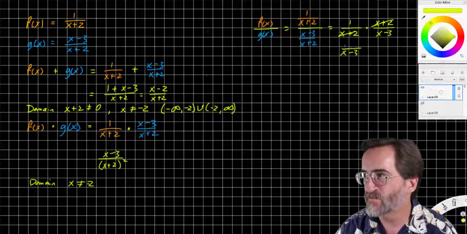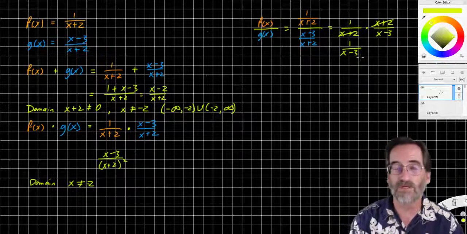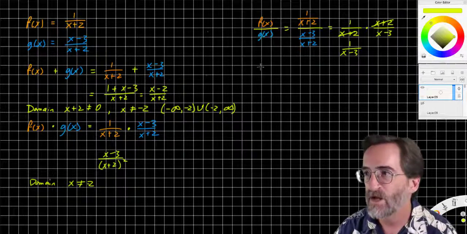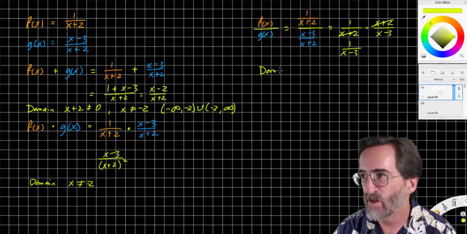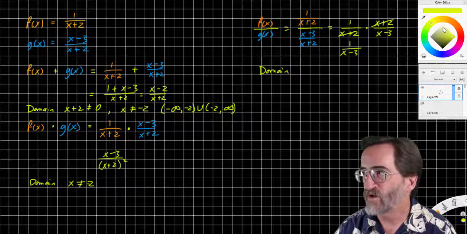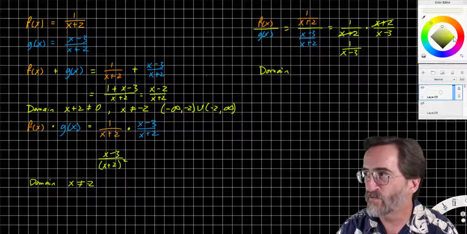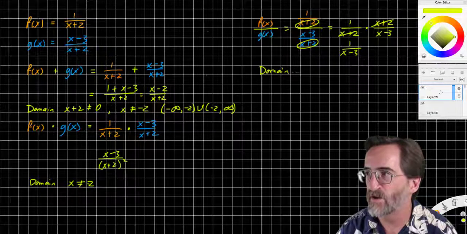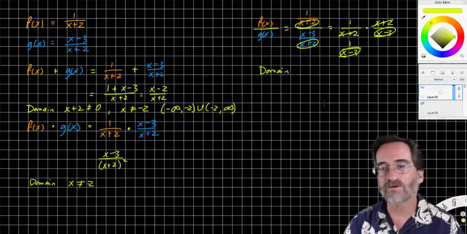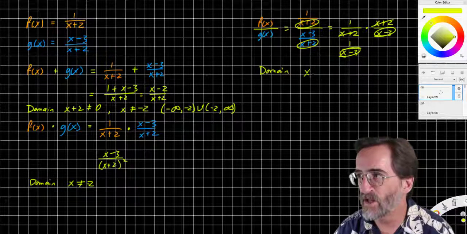Now you might be tempted to say, well, x can't equal 3, and that would be correct. But remember, you've got to evaluate the domain before simplifying. And we can never, in any of the process, be dividing by 0. So if I look at it right here, here's a denominator x plus 2, here's a denominator x plus 2, here's a denominator x minus 3, here's a denominator x minus 3. Nowhere can we ever divide by 0, so we cannot let x plus 2 equal 0.